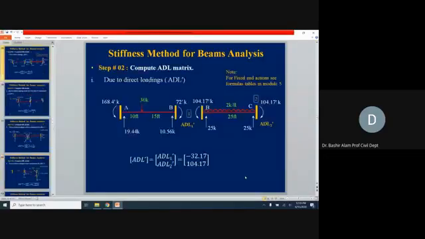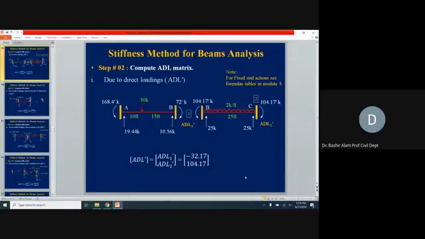Next, generation of the ADL matrix. The ADL matrix is going to have 4 components. The first component will come from the actual loads, then from the rotation at joint A, then from the settlement at joint B, and then from the settlement at joint C. These were in the actual structure.